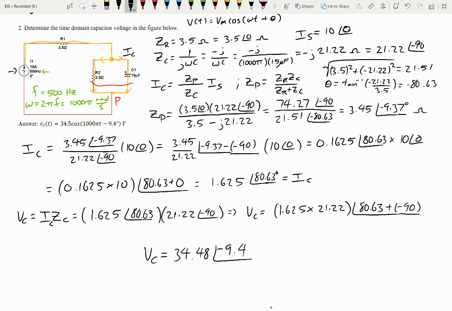So if we go and write that out, VC of t, in a time function, we get 34.48 cosine. We're going to borrow that omega that we had from earlier, so this will be 1000 pi t, and then minus 9.4 degrees.